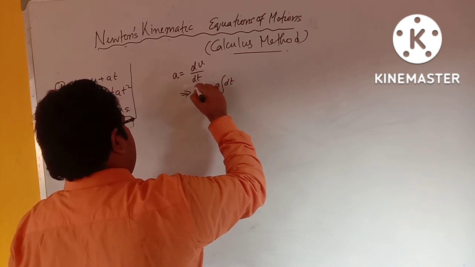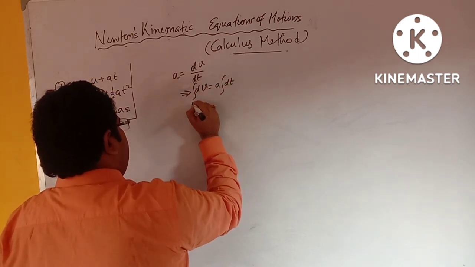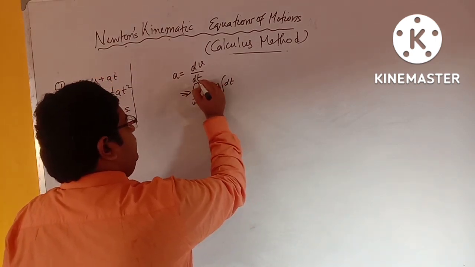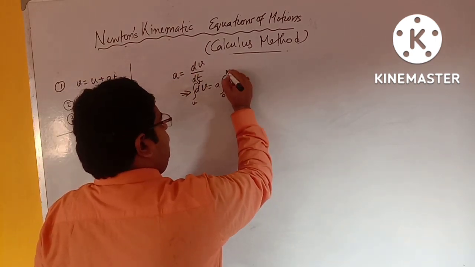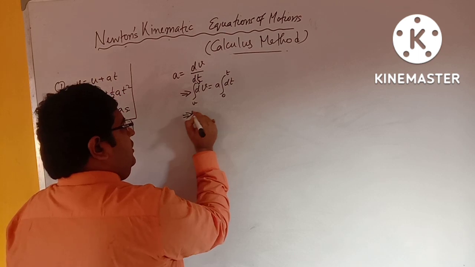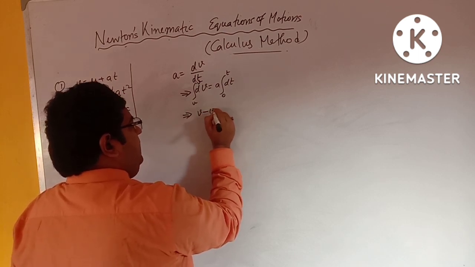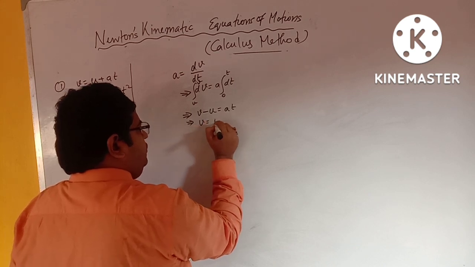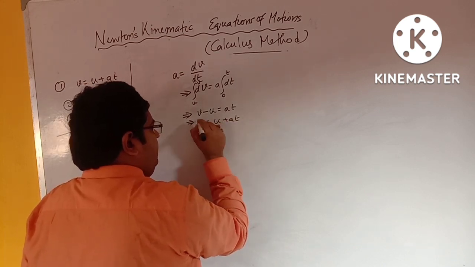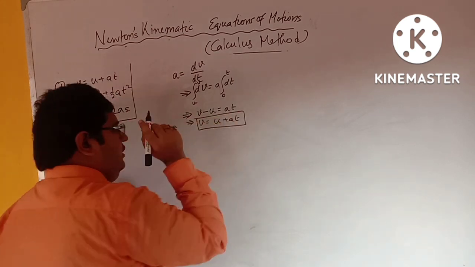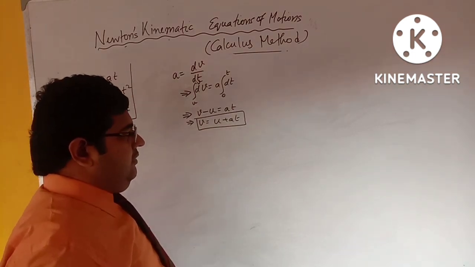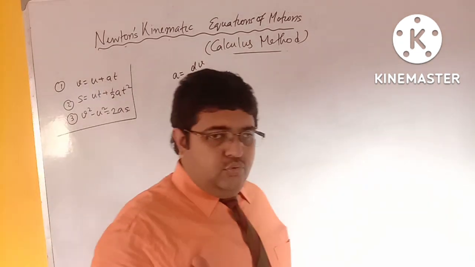We integrate it, putting the initial velocity as the lower limit and the final velocity as the upper limit, here from 0 to t. So naturally we get v minus u equals at. So v equals u plus at. We have derived the first equation of motion as proposed by Newton.